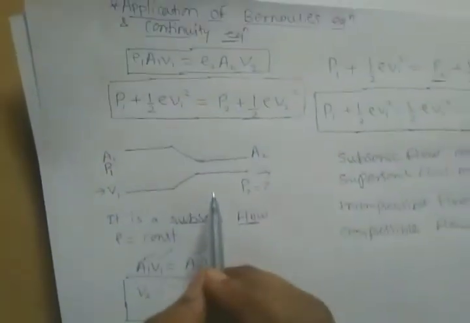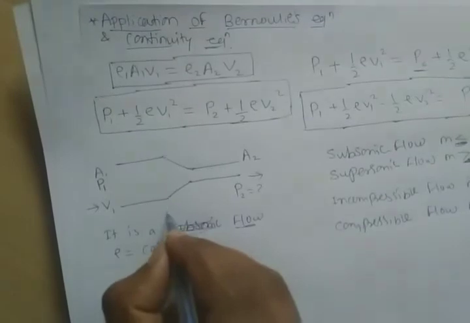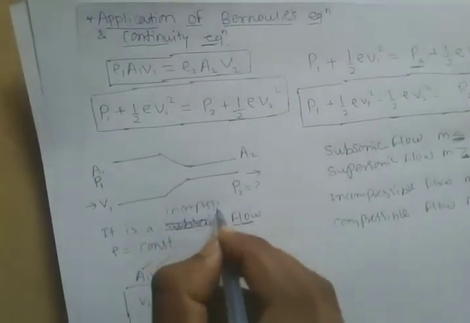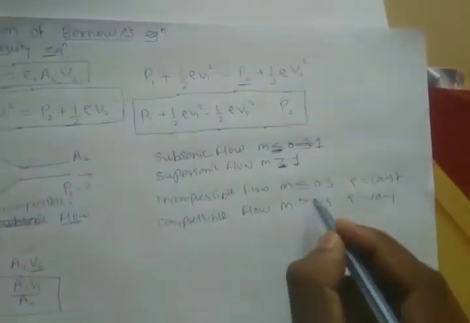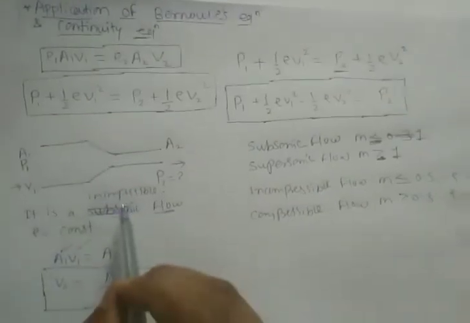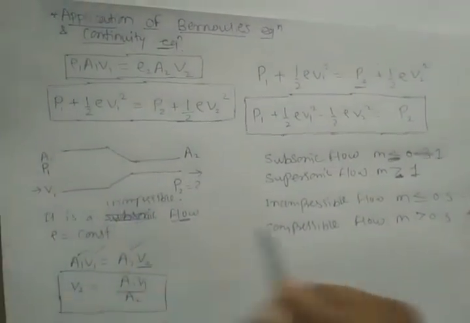So for the application of Bernoulli's equation, we have the condition that flow should be incompressible. If in the question it is given that the flow is subsonic, we can consider the flow as an incompressible flow.